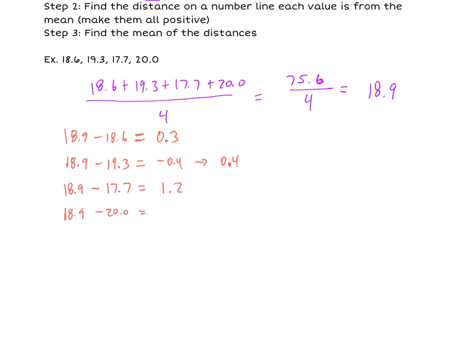Are we going to add them at the end? Nope. We're just getting all these numbers first. Negative 1.1. So we've got to make it positive, so it's just 1.1.